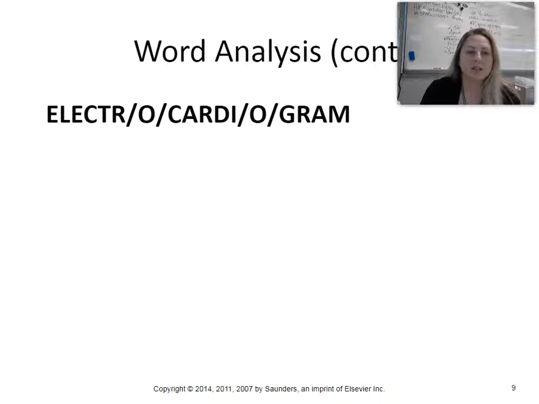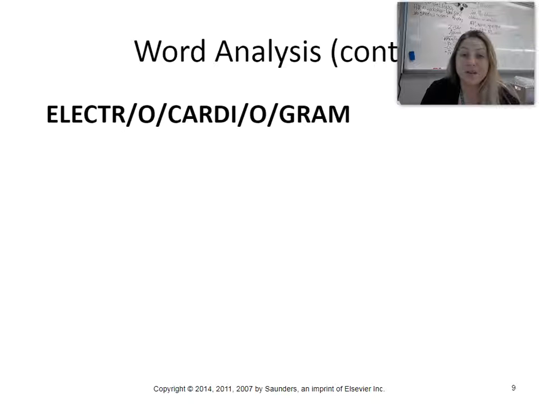So let's look at this. How many parts of this word do we have? How many prefixes do we have? Think on it for just a second. Write it down. Okay. Let's look at how many root words we have. How many combining vowels?